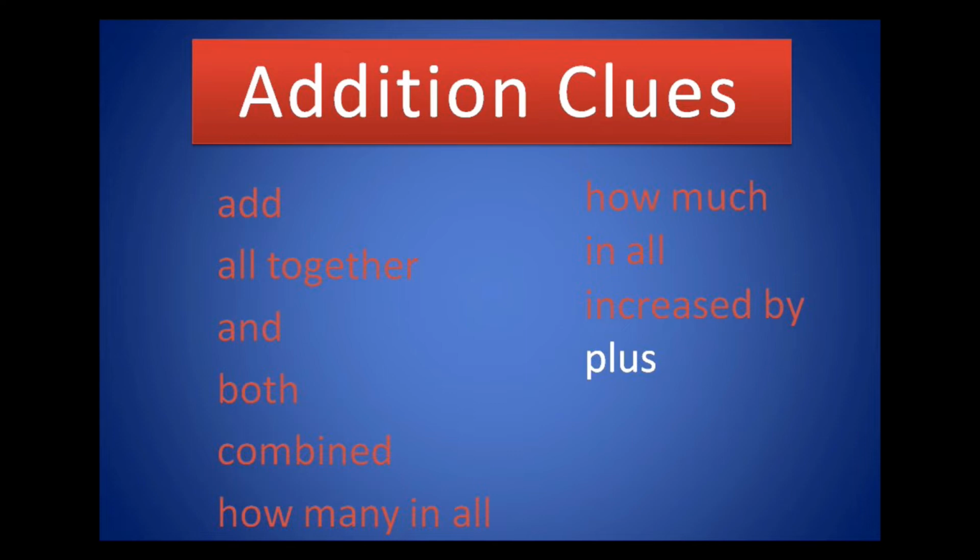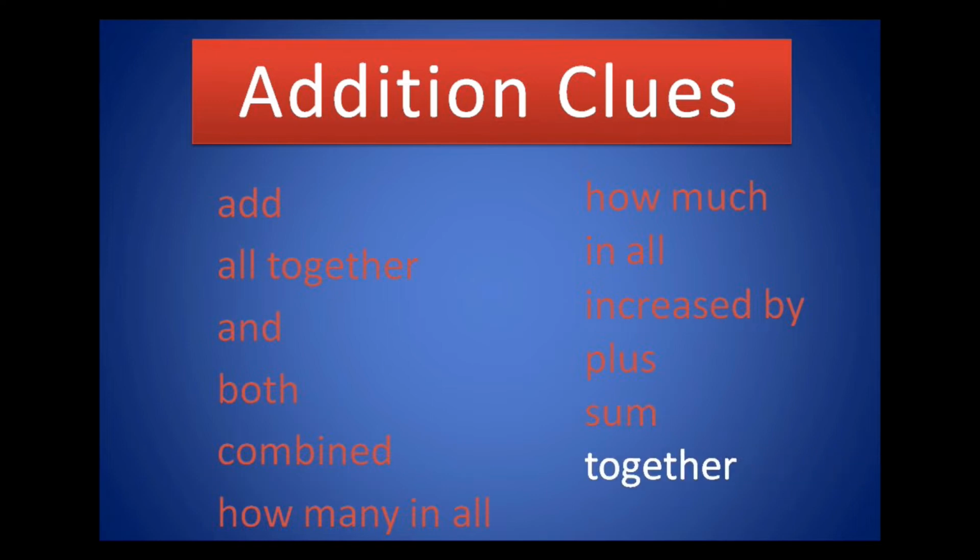Now that is an obvious clue. Sum. If you're not familiar with this term, sum is like saying total, like summary, summation, and that means an addition of all. It's like a total.